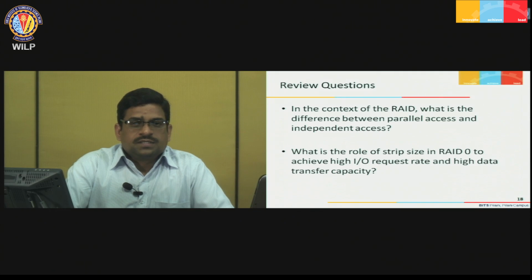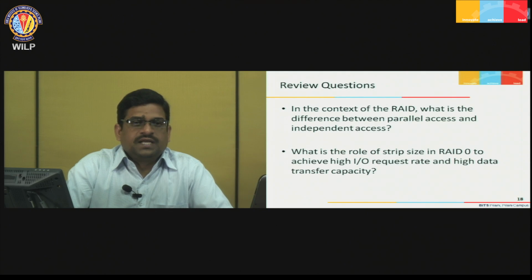Now, look at some review questions related to this lecture. First question is, in the context of RAID, what is the difference between parallel access and independent access? Second question is, what is the role of strip size in RAID 0 to achieve high I/O request rate and high data transfer capacity?